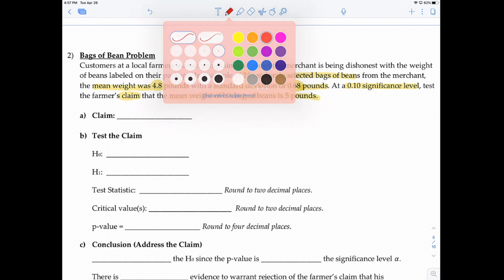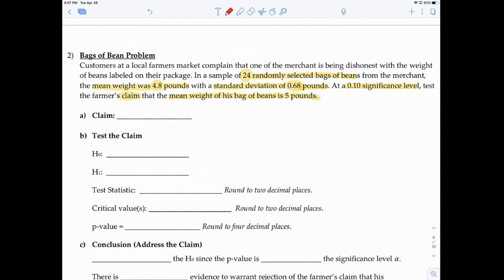All right, so the farmer here claims that the mean weight of all of his bags of beans is 5 pounds. It doesn't mean less than or greater than. It means it's equal to, right? So equal to 5 pounds. So our claim is going to be mu is equal to 5 pounds.